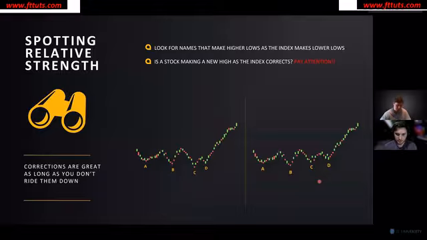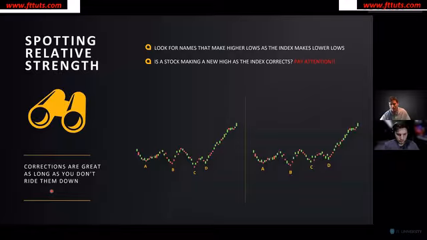Yeah. One thing that one of my first mentors always used to say: corrections are great as long as you don't ride them down. The thing with corrections is they have the ability to scare you and get your emotions high. But if you just look at the S&P long term, we generally go higher.